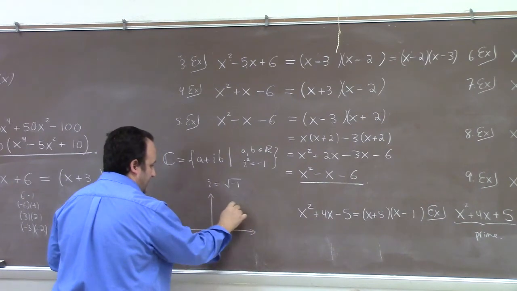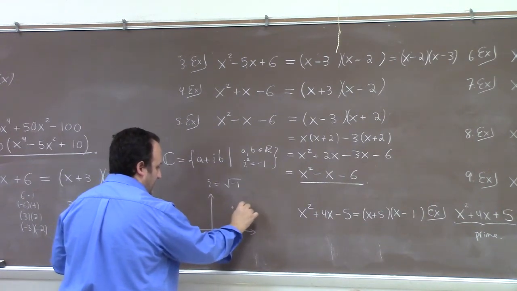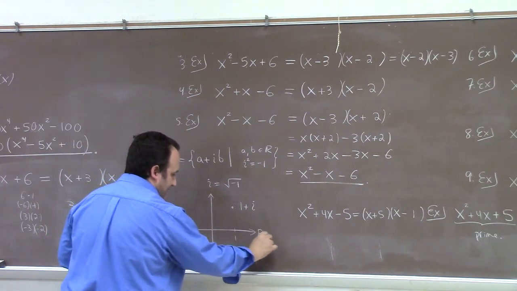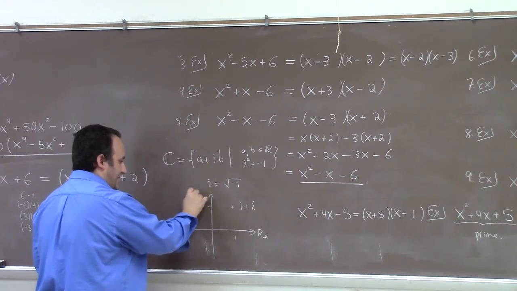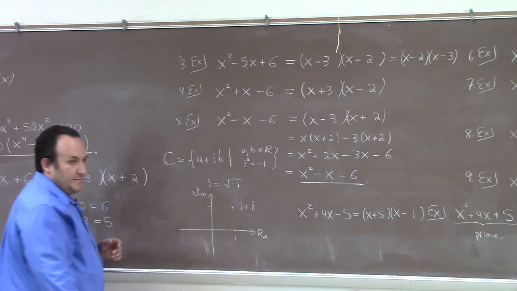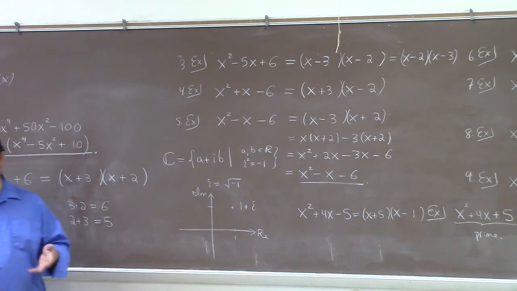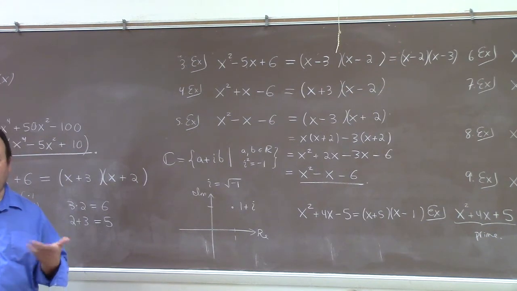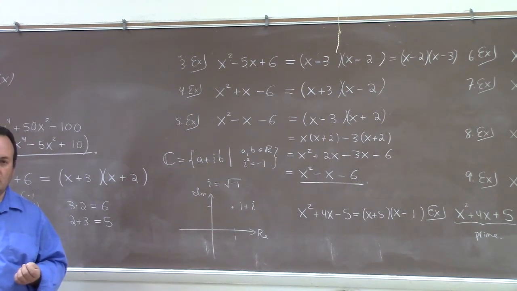So if I pick this point here, like 1 plus i, that means I go 1 over in the real axis, and I go 1 up in the imaginary axis. So complex numbers are in one-to-one correspondence with points in a plane. You can describe all of two-dimensional coordinate geometry using complex notation. Now, are you asking me what they are? I don't understand the nature of your question yet. I could say a lot of things.